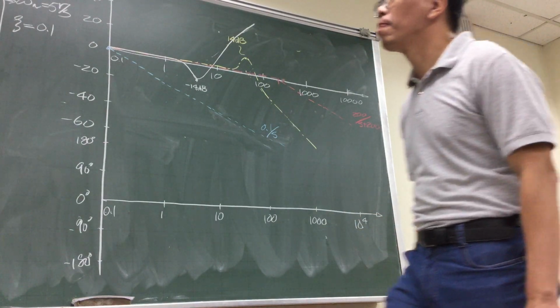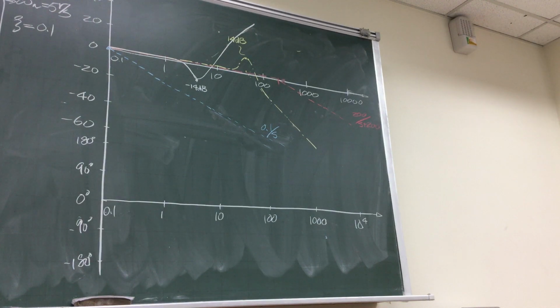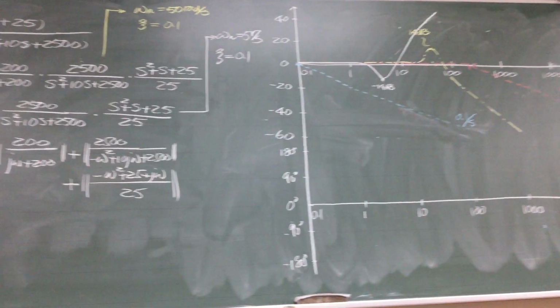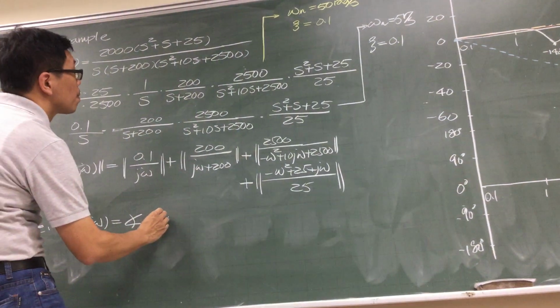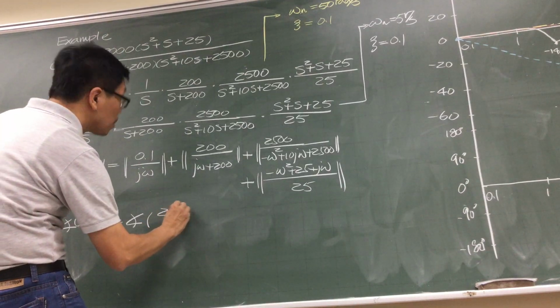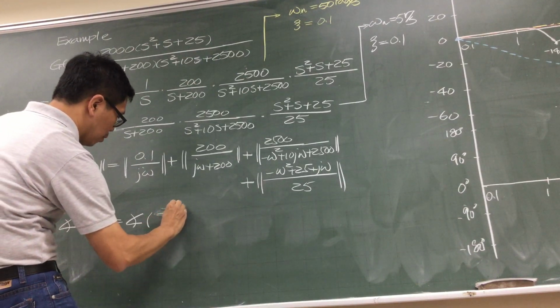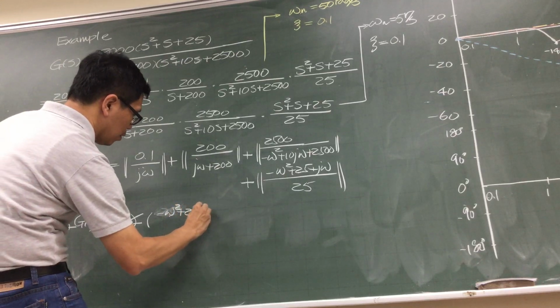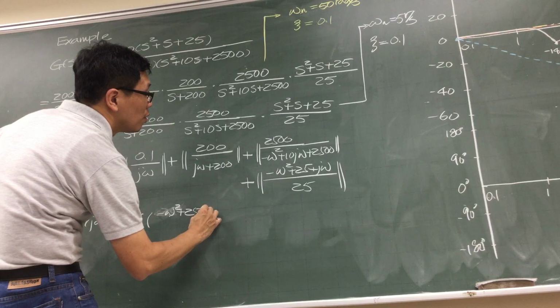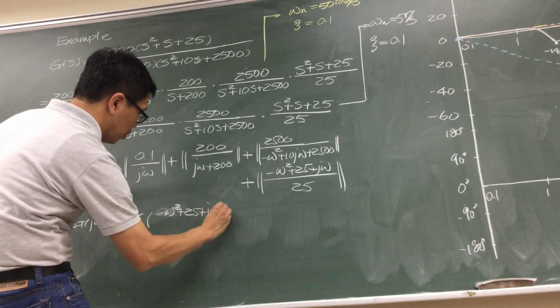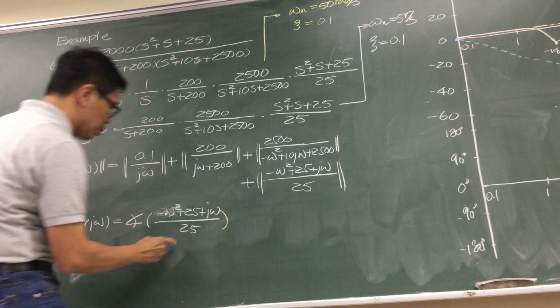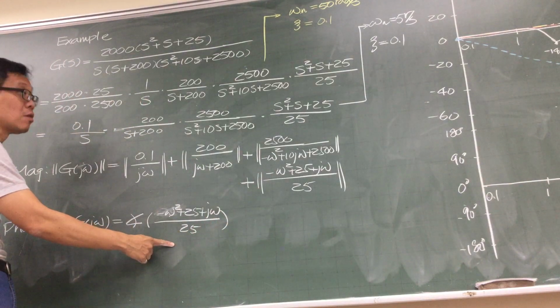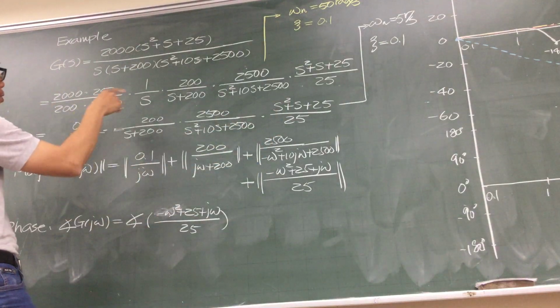So let's start on the first one. This must be a plus, right? Because this is a zero. How about this one?